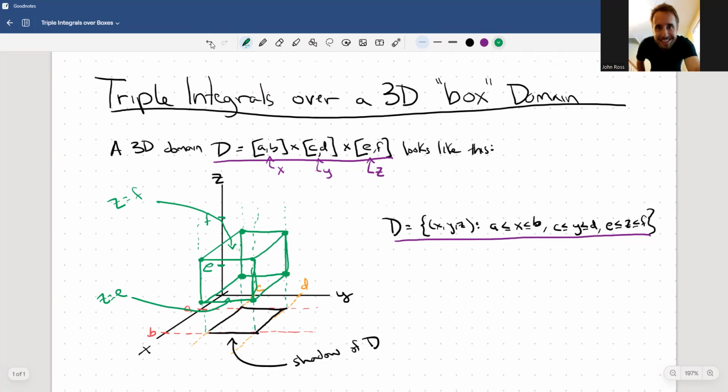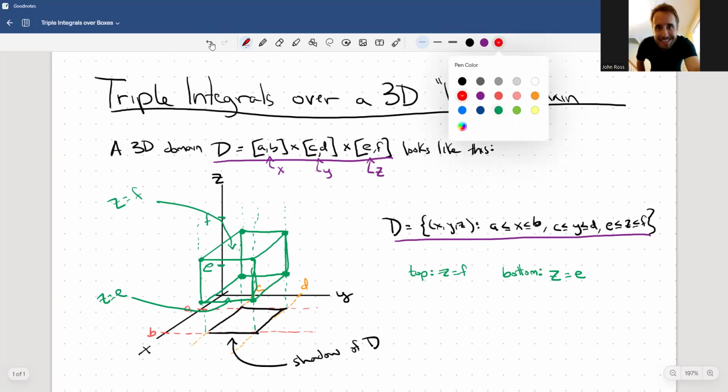It's a fun exercise, and I have the space in the lower right. So we've got our top side, that corresponds to Z equals F. The bottom side corresponds to the plane Z equals E.